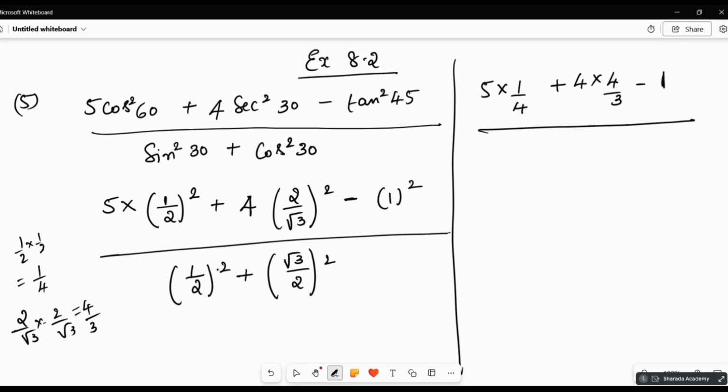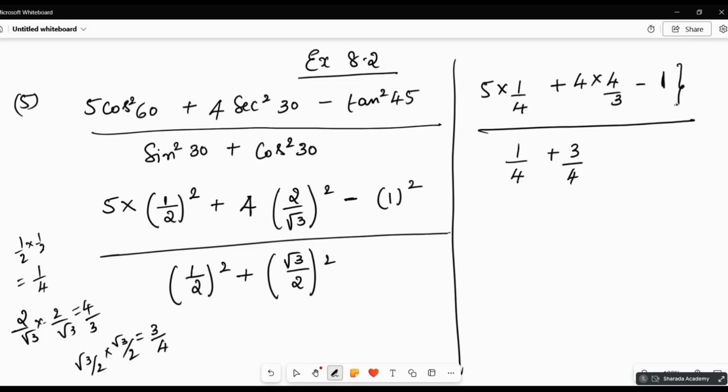Denominator: 1 by 4 plus root 3 by 2 into root 3 by 2. Root 3 into root 3 is 3, 2 into 2 is 4, so it is 3 by 4.